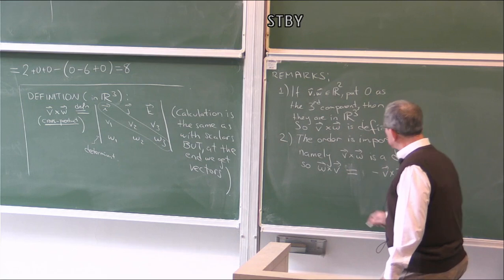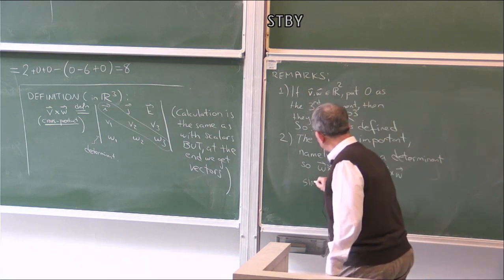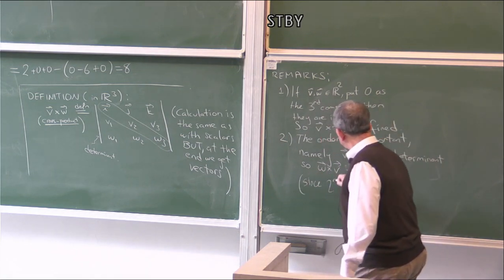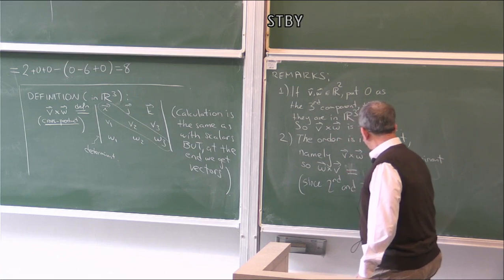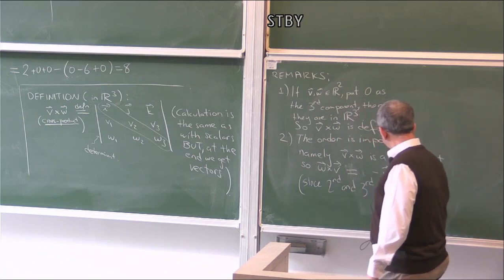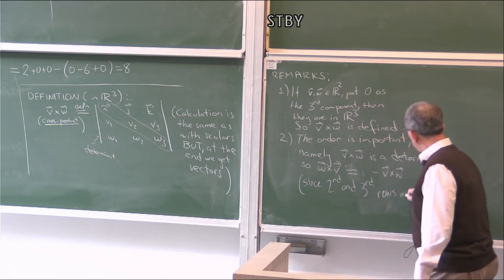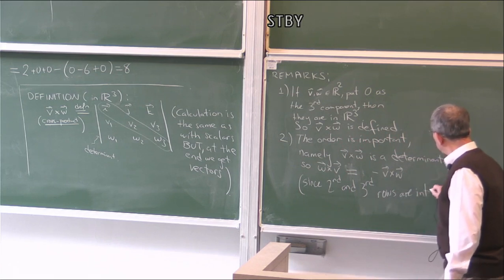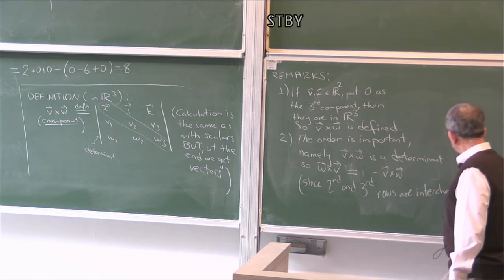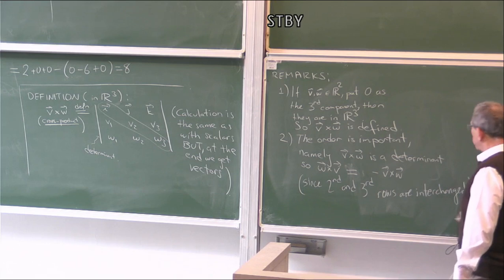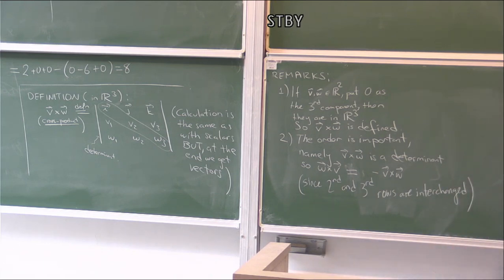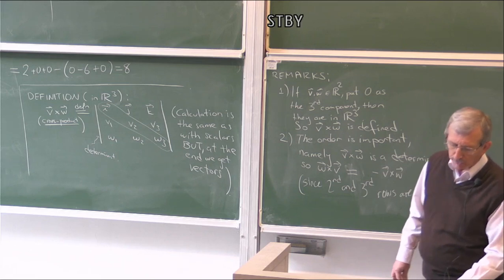So this is equal to the negative of V cross W, since the second and third rows are interchanged. So the order will be important.